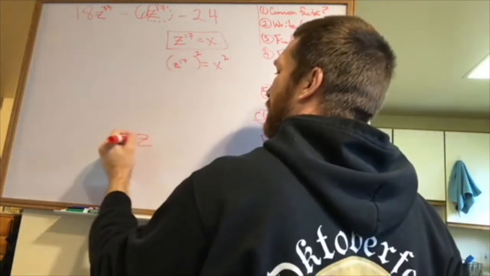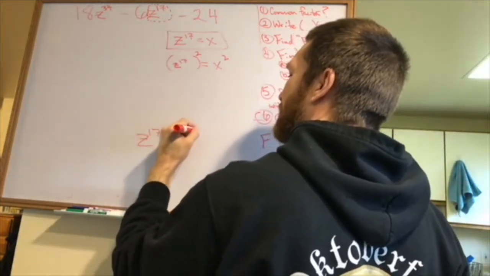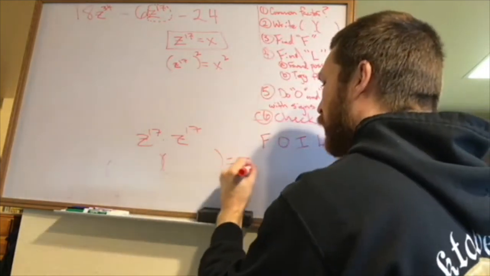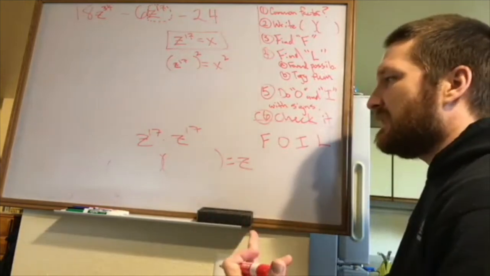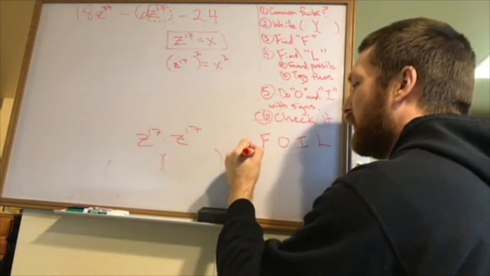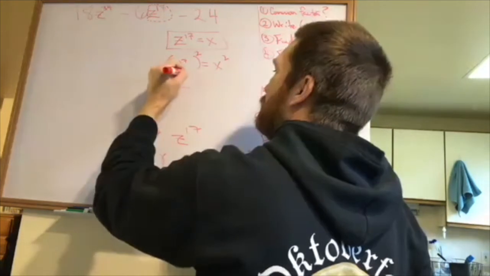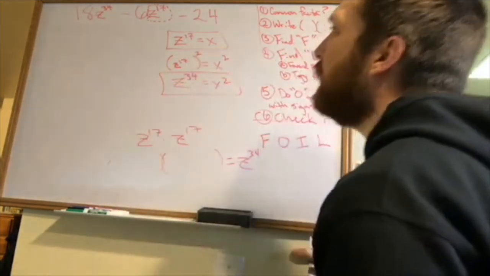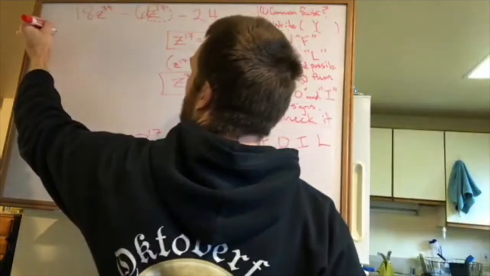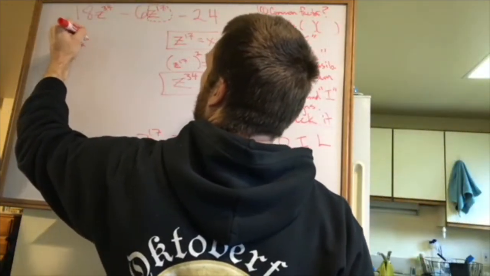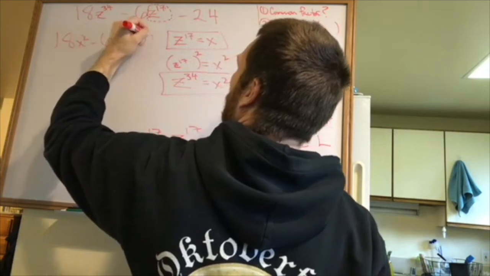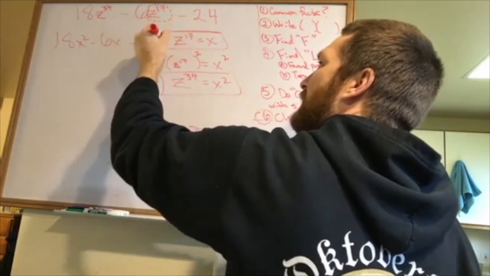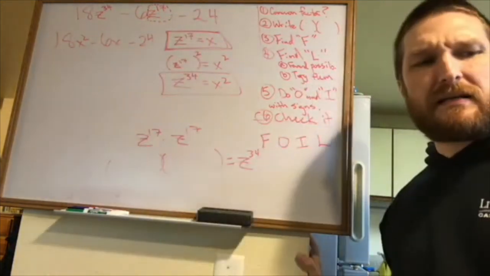Z to the 17th times z to the 17th, you have 17 z's here and 17 z's here, a total of 17 plus 17, which is 34. Yep, that's the same thing as z to the 34th is x squared. And so I plug that in and say, okay, then x squared minus 6x minus 24. Do the same thing. We end up where we were, but in the end, I would be plugging in this guy for x. Does that make sense?